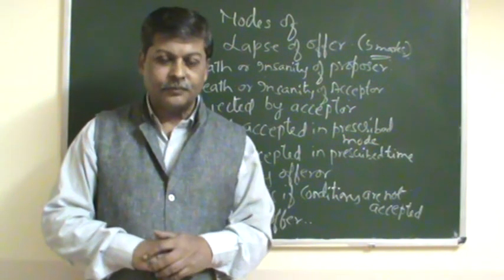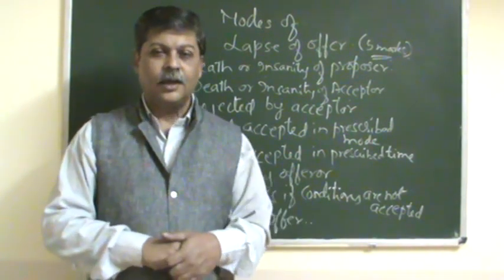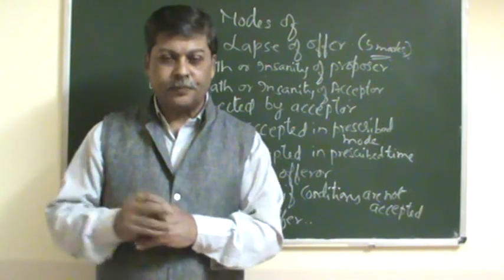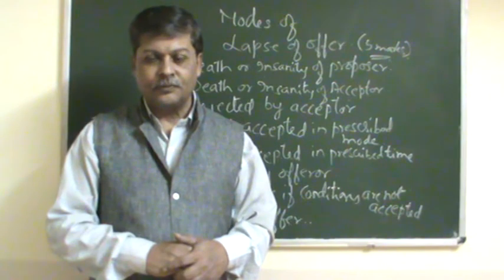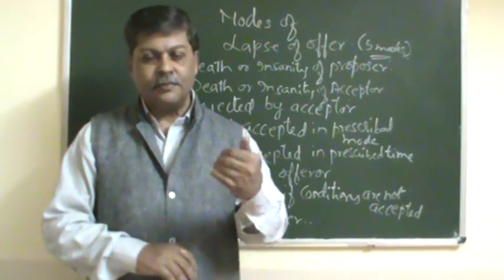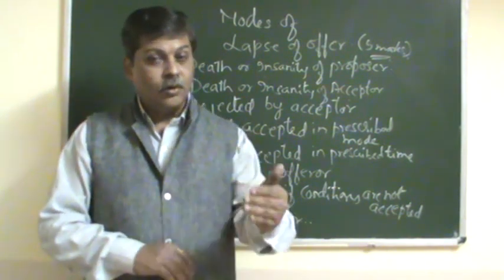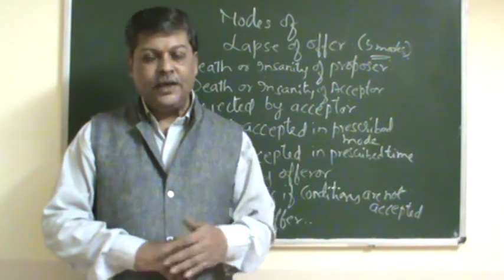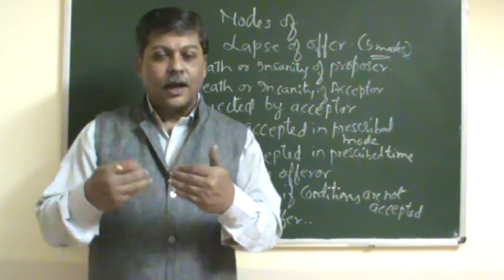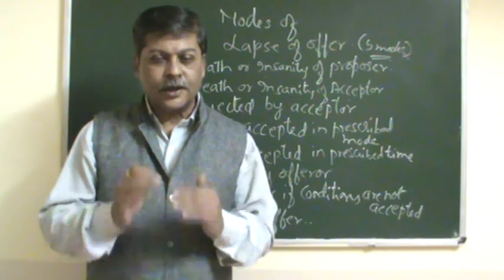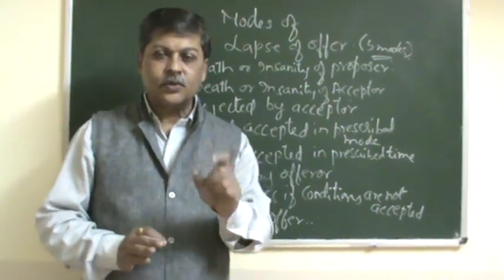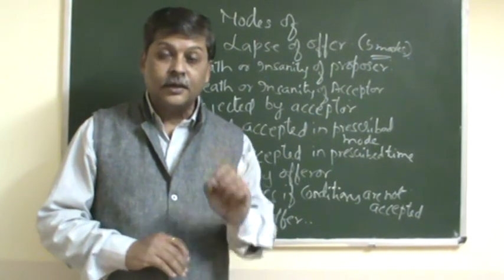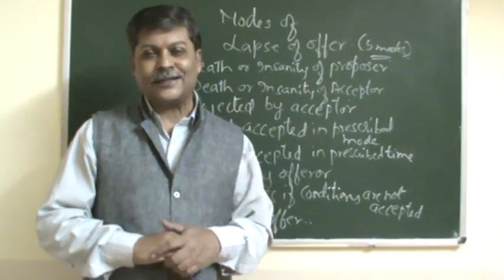For example, A has made an offer to B to sell his car for 2 lakhs, and he has put a condition in the offer. If B wants to accept it, he has to send an advance of 10,000 rupees along with the acceptance.